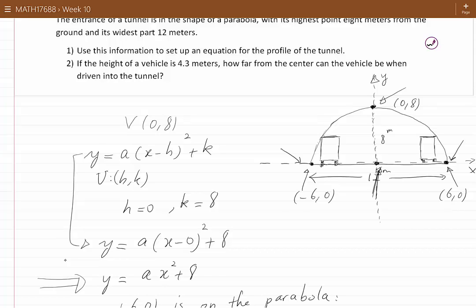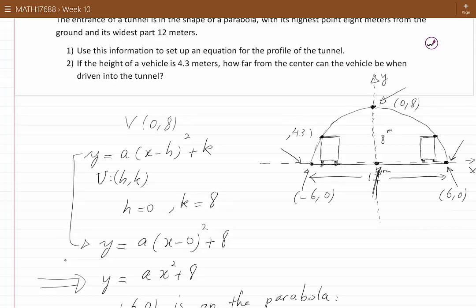Now, if we look at any of these two possibilities, we see that the y coordinates of the points where the collision would occur are given, because the height of the vehicle is given. It is 4.3 meters. But the x of this point is what we are looking for.